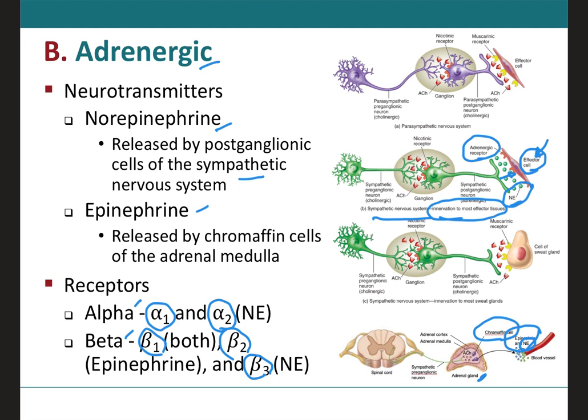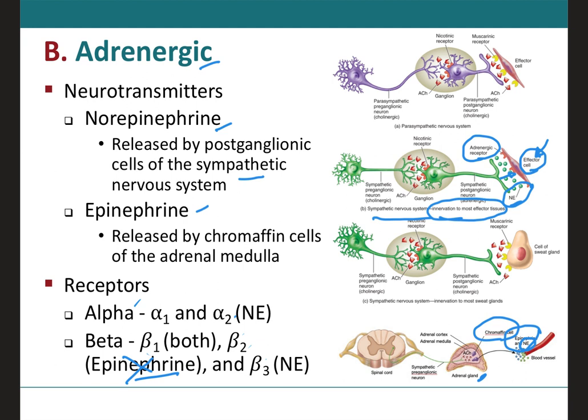So I'm sure that you probably heard, for example, of medications called beta blockers. Well, basically, they're going to cause the heart to beat more slowly because they will block the effect of epinephrine.